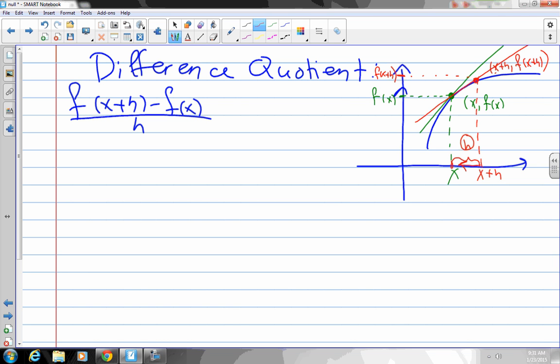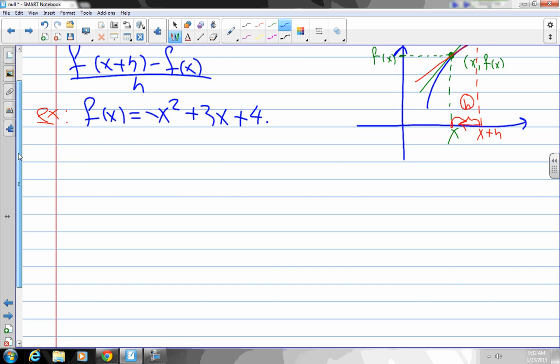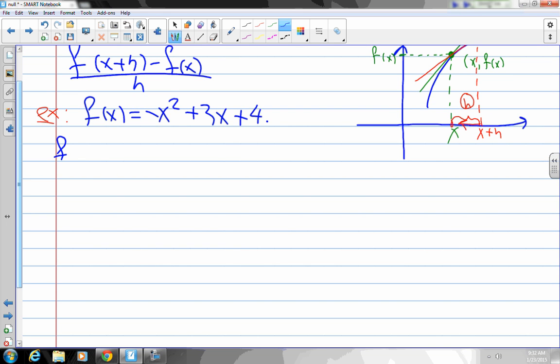Anyways, so let's do some examples. Some examples, we have f of x is negative x squared plus 3x plus 4. So we want to set up and simplify the difference quotient. So the setup, again, it's f of x plus h minus f of x over h. So we just use the function notation.